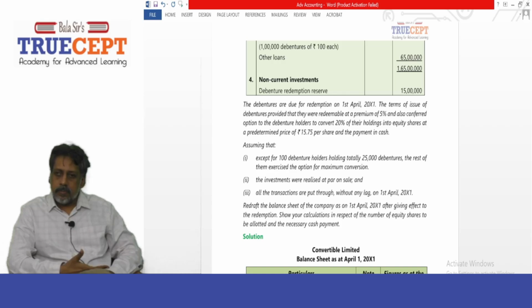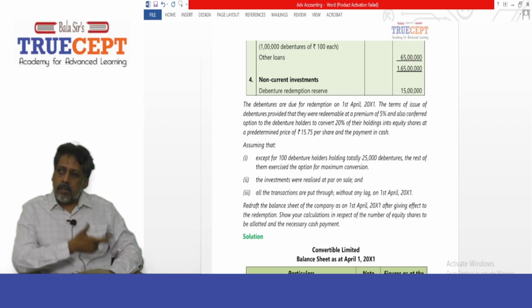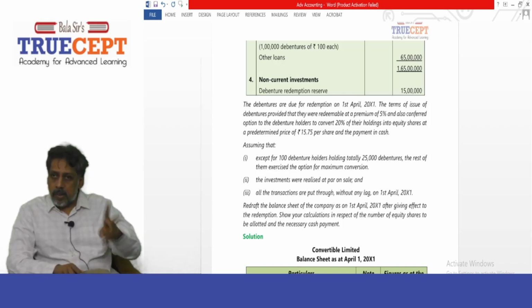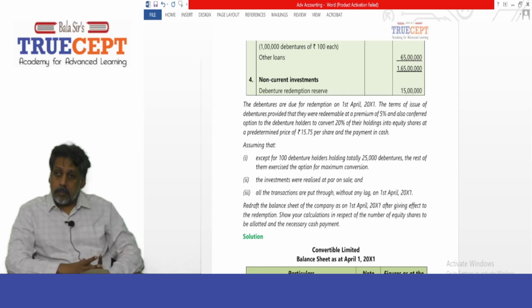Next, it is given that the balance will be paid in cash. That means the balance of the debentures, what is not converted, will be paid in cash. Only 20% is the conversion. Next, assuming that number 1, except for 100 debenture holders holding totally 25,000 debentures, the rest of them exercised the option for maximum conversion.